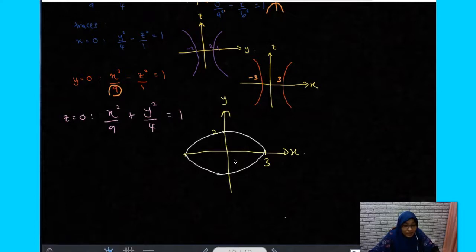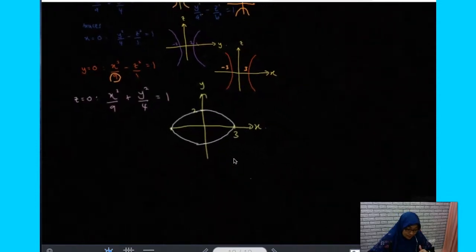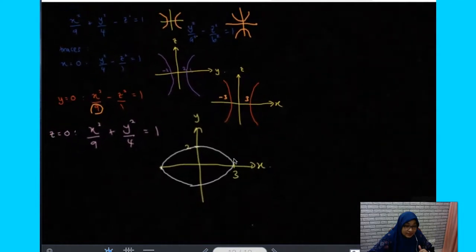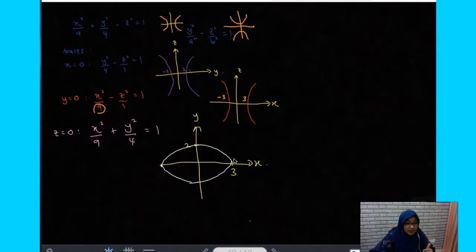But the important thing is, you have to read the question carefully. If they say provide or sketch the level curve for a specific z, then you have to follow. So for this particular example, we don't need to sketch the level curve, because I didn't mention the instruction, right?